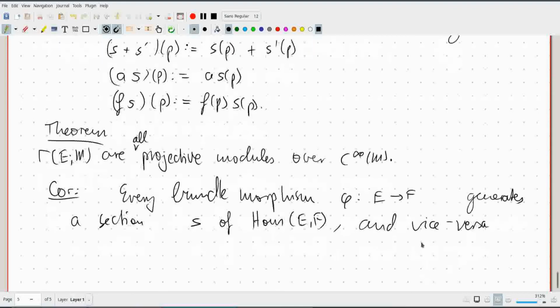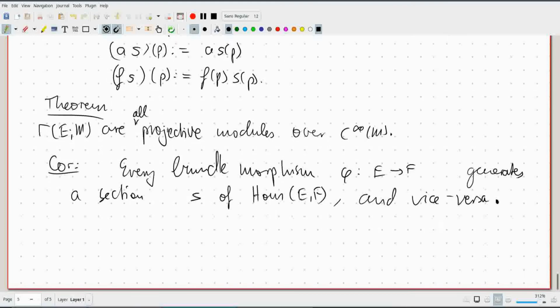So the bundle morphisms between two bundles are just the global sections of the Hom bundle, which, in a way, is just switching the order in which you insert points and vectors.